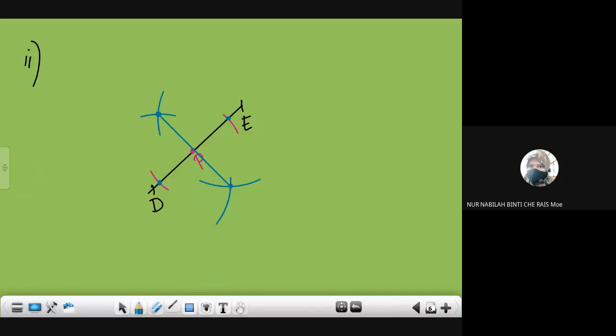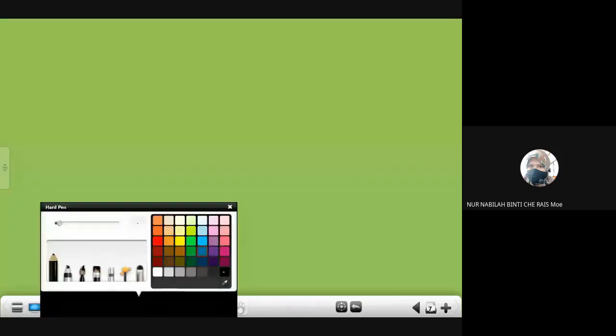Okay, and then we have one more, the parallel line. Okay, parallel lines to the line JK passing through point S. So what you have to do is you look at the question given. Number 1. Okay, so your diagram should be like this.